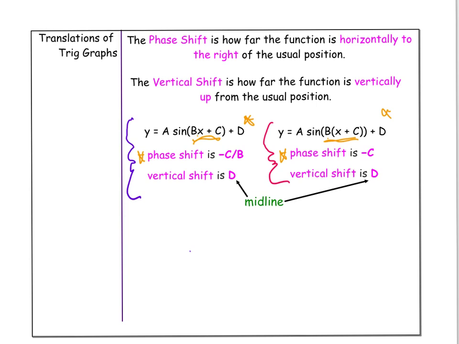If I know those pieces, and I know my amplitude, period, frequency, and phase shift, I can put in my points and then just draw the curve. It makes it really easy to graph. So that's why we're spending some time knowing this stuff: because it makes it easier to graph.